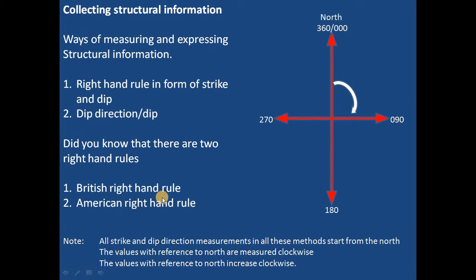All strike and dip direction measurements start from the north. For example, if I want to measure a strike, I will start from the north arrow, which will be 0, and I will go clockwise, and the angles will increase as I go. So it's 90, 180, 270, and 360, or 0.